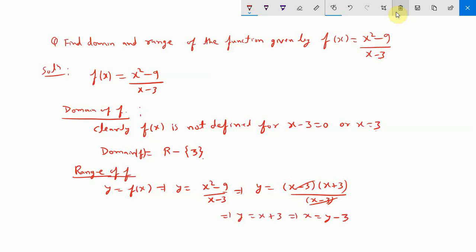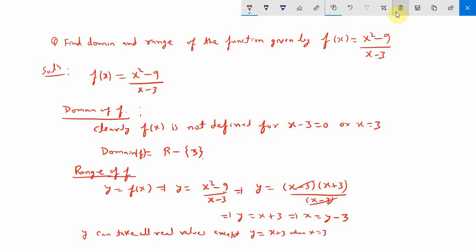So we can write y can take all real values except y equal to x plus 3 when x equal to 3.